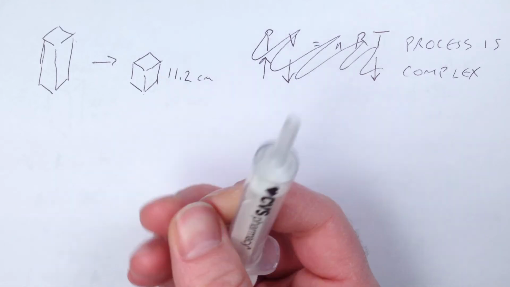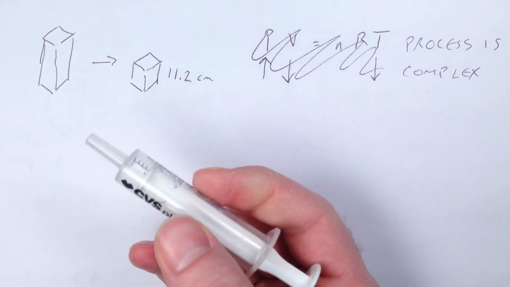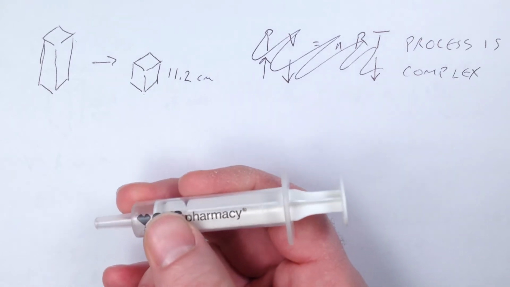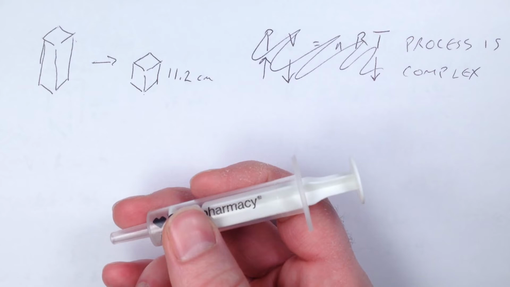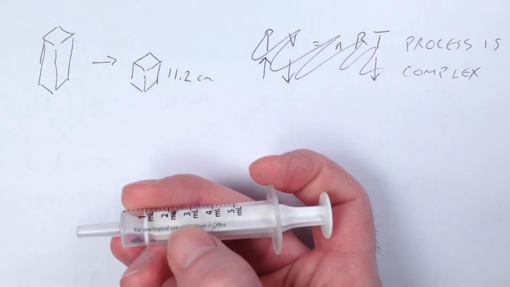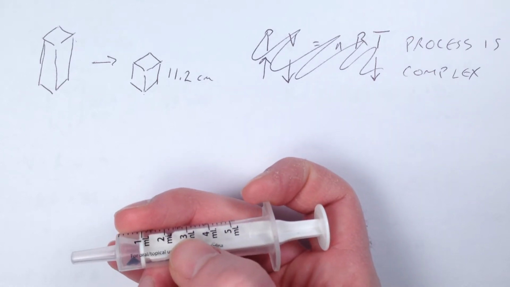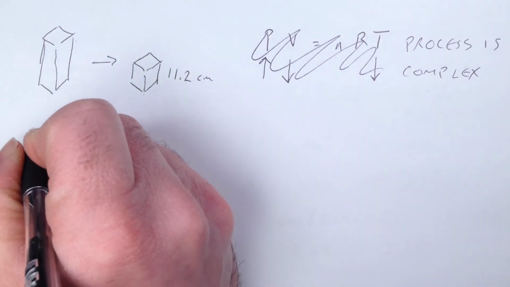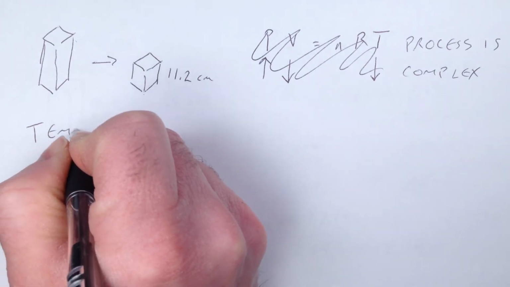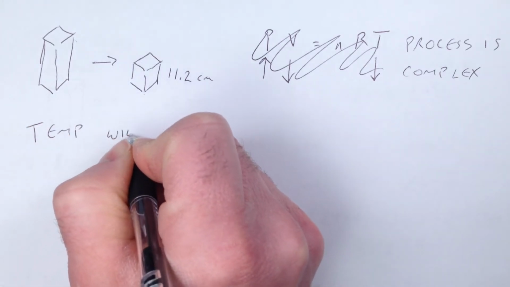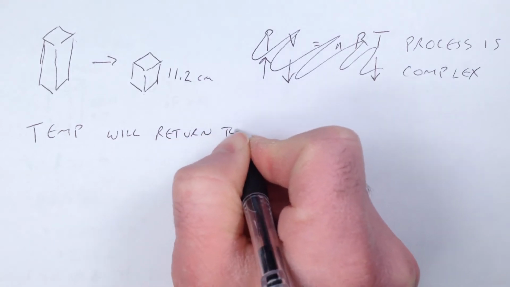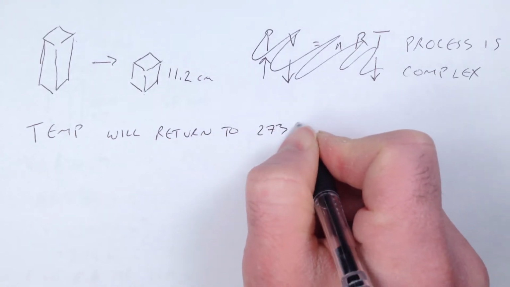And because this kind of piston thing is going to be in air, that means that eventually any temperature change is going to equalize. So we're going to operate under the assumption that eventually the temp will return to 273 Kelvin.